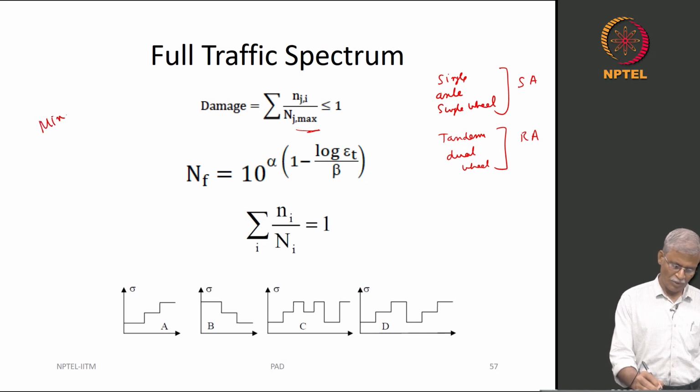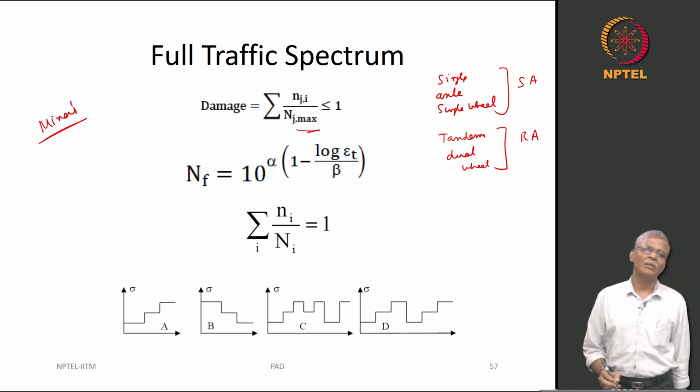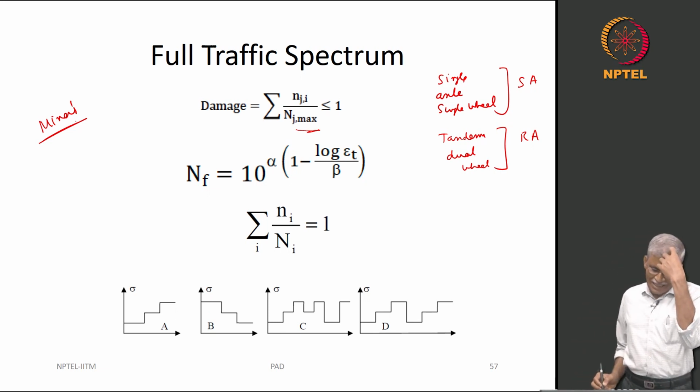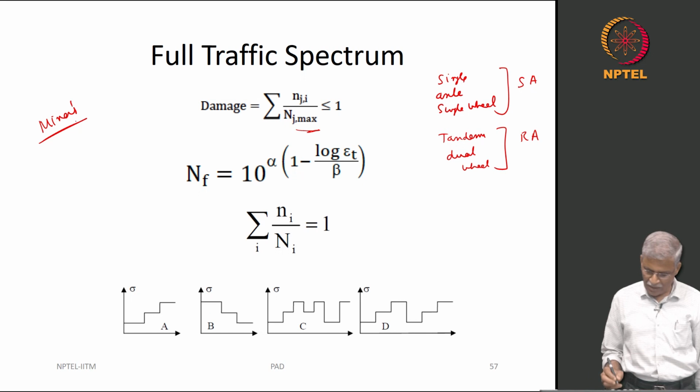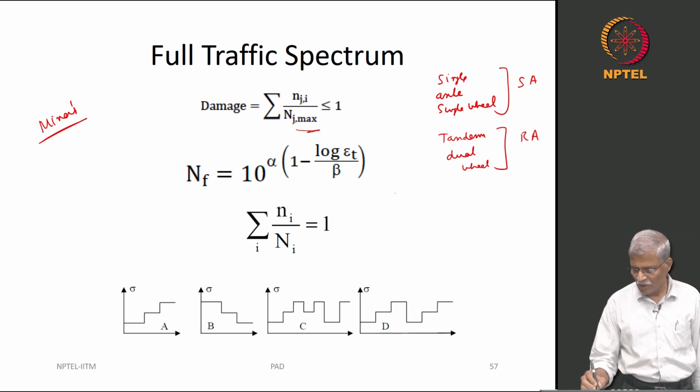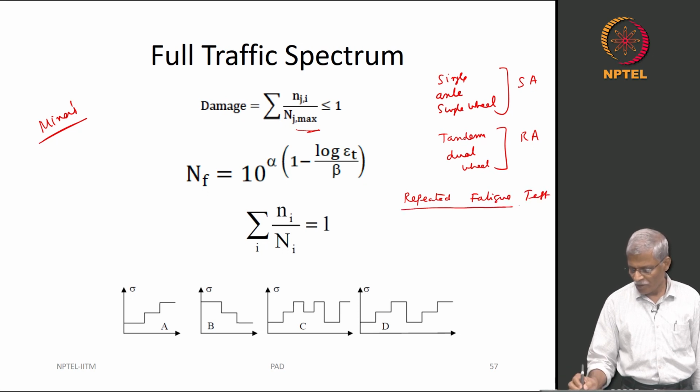It comes into the picture in terms of what is really called Miner's equation. Now, what exactly is this Miner's equation? It says, let us say we are doing a repeated fatigue test. Think of it this way.